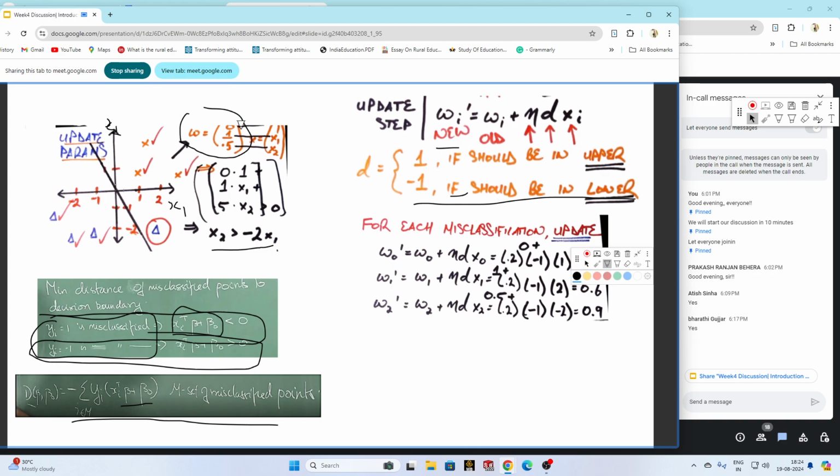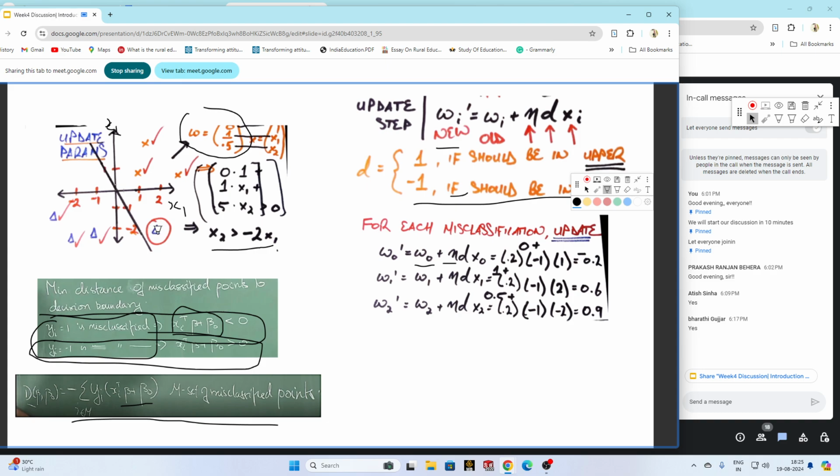W naught dash will be equal to W naught plus eta times d times x naught. Eta is the learning rate, how much we want to search that space. Here eta is taken as 0.2, and d is -1 because the point should be on the lower side.